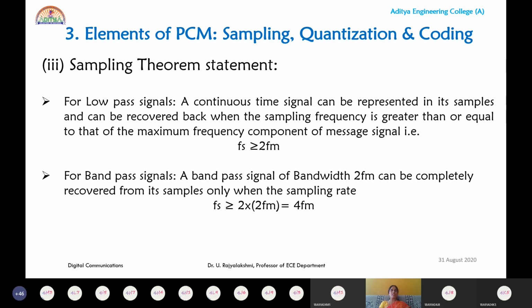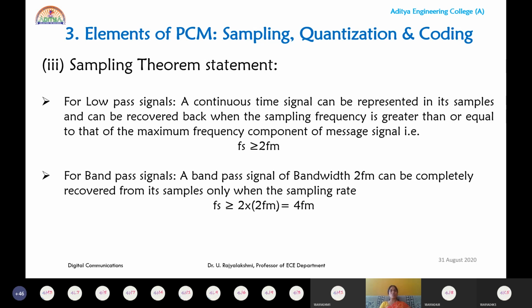This is the sampling theorem statement for low pass signals. For band pass signals, for example with bandwidth 2 FM, a band pass signal of bandwidth 2 FM can be completely recovered from its samples only when its sampling rate Fs is greater than or equal to twice the bandwidth.